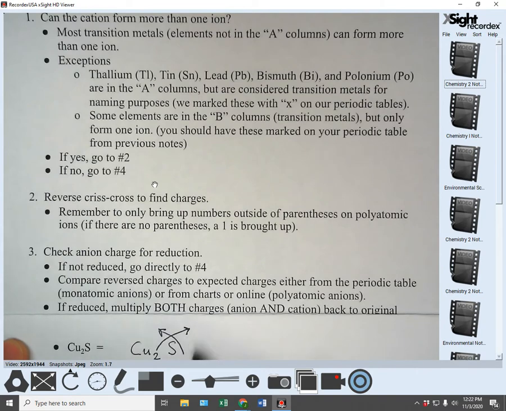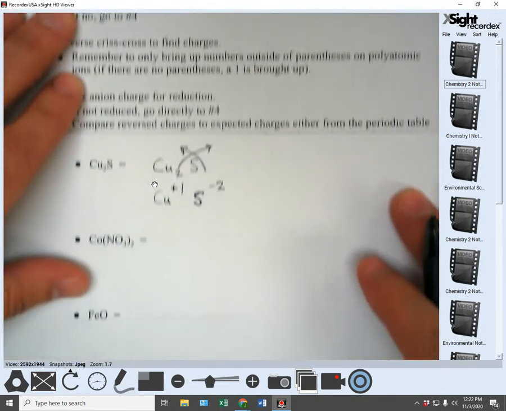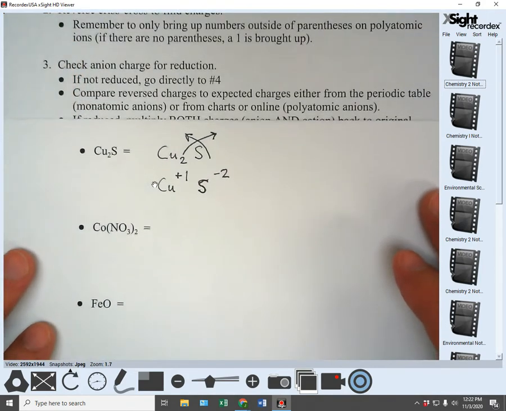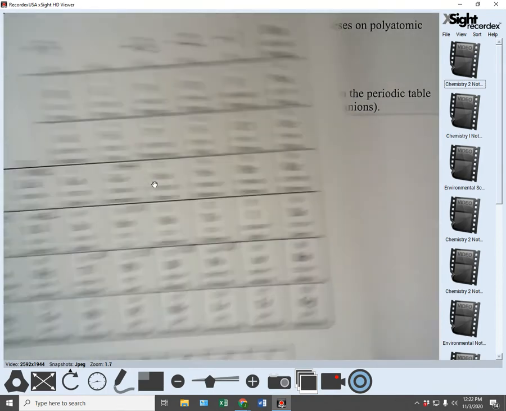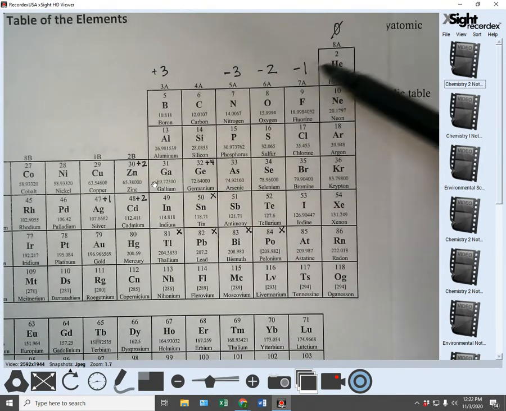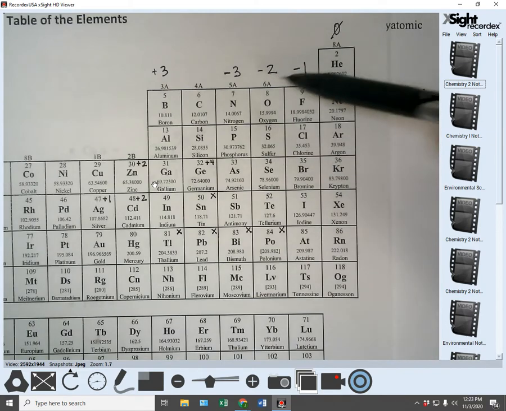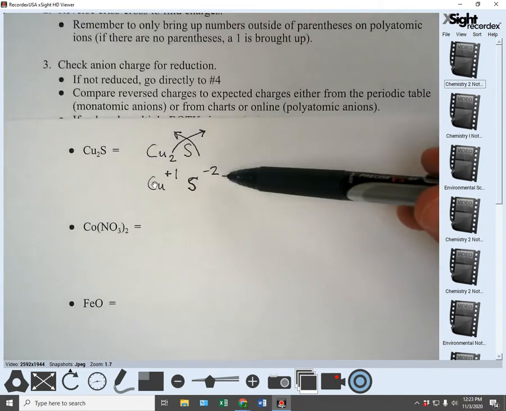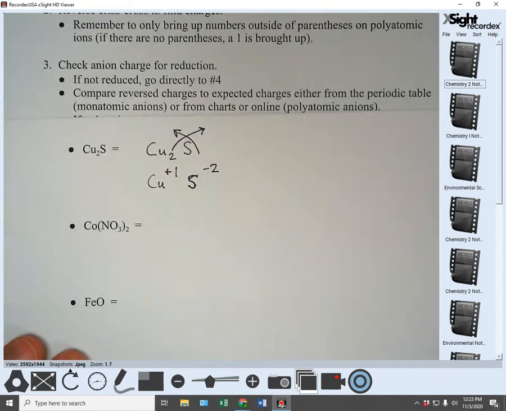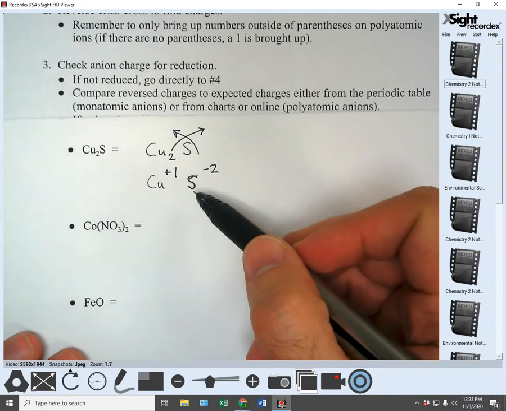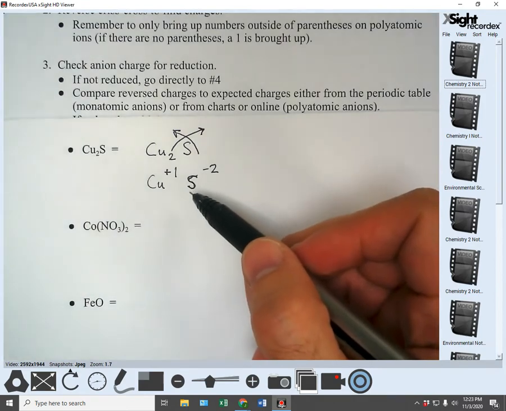According to what we have here, we have sulfur as a -2. So we look on our periodic table. What does our periodic table say sulfur should be? Sulfur's right here. It should be a -2 compared to what we have. That's what we have. That means that these were not reduced. This is what they were originally supposed to be.